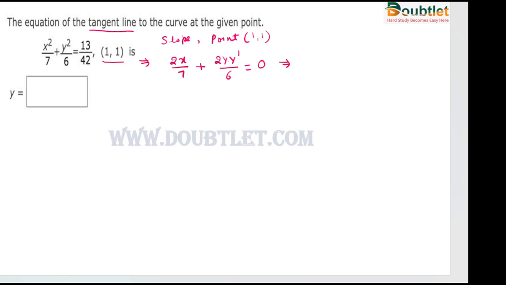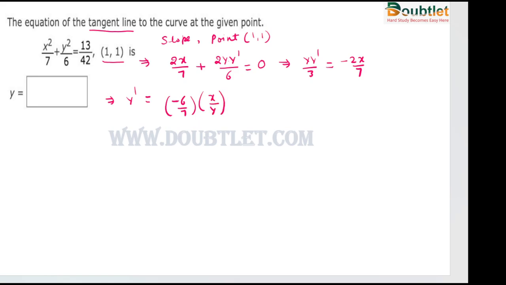So if we solve this equation, then y dash divided by 3 is equal to minus 2x divided by 7. So if we solve in terms of y dash, then we will easily get the slope. So it will become minus 6 divided by 7 and x divided by y.